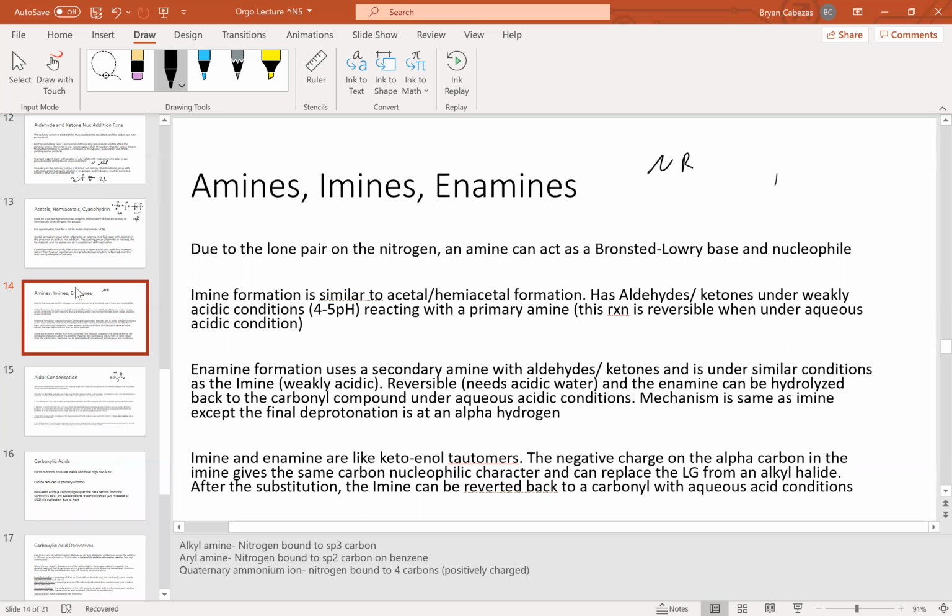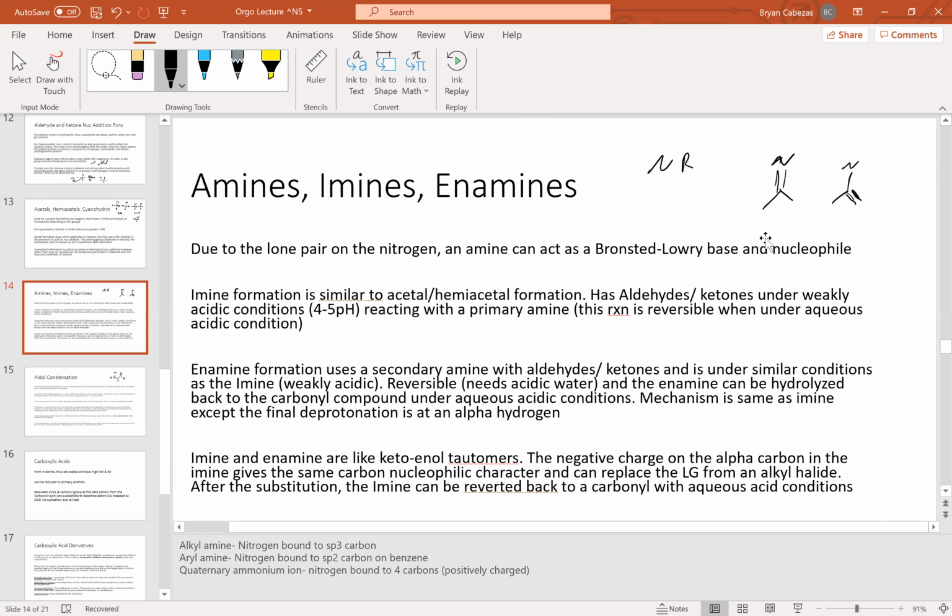An imine is when we have our nitrogen participating in a double bond, as such. And then an enamine, as the name implies, the "ene" means that we're having a double bond. So this is what an enamine looks like. There's an amine, an imine, and then an enamine.